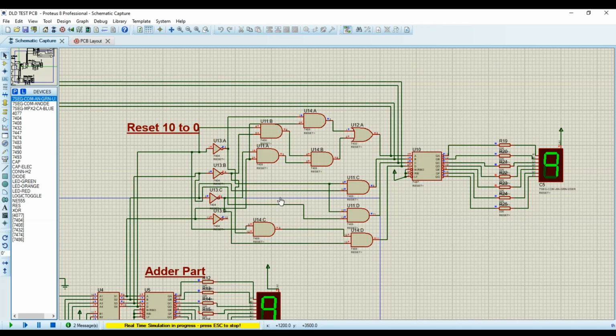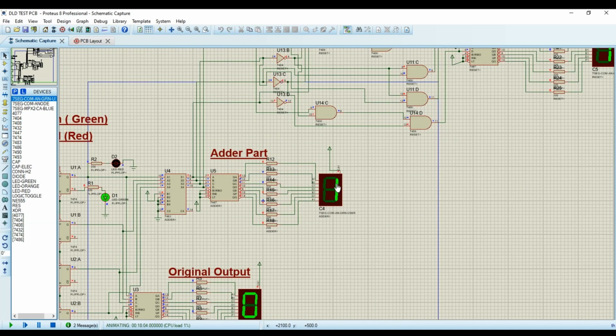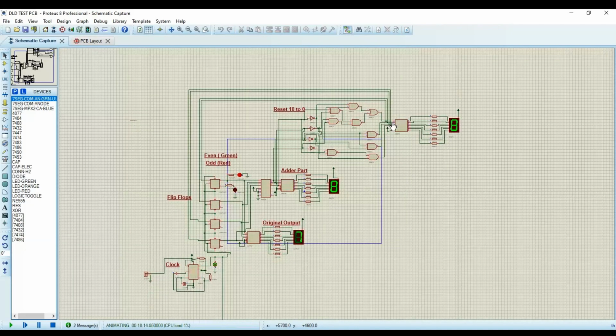Its simulation has been done. When the 10 arrives here and the same number is given to this combinational circuit, it makes this whole number 0 and gives this back as the input to the flip flops.